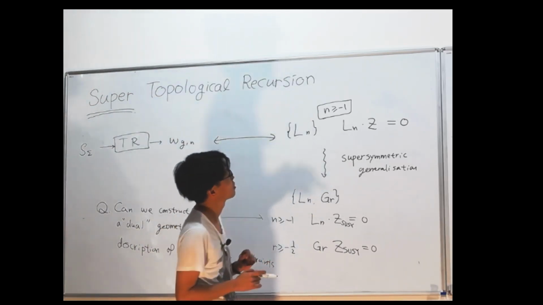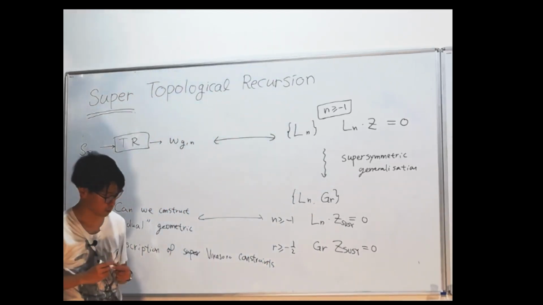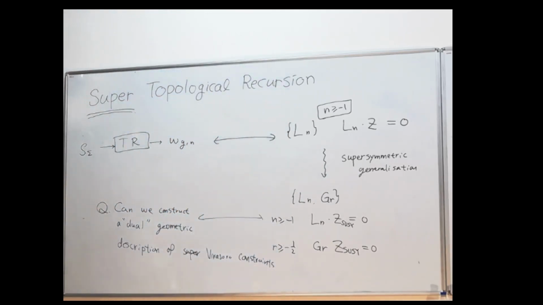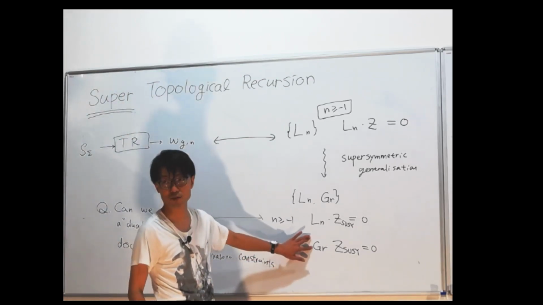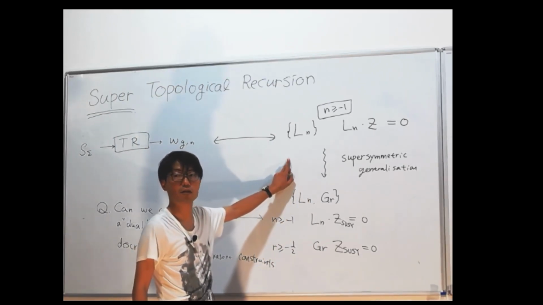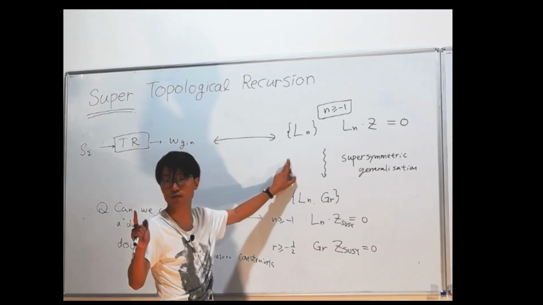That's a good question. Okay, why am I calling it supersymmetric? Because my generators are a supersymmetric extension of Virasoro. And that's actually a very good question.